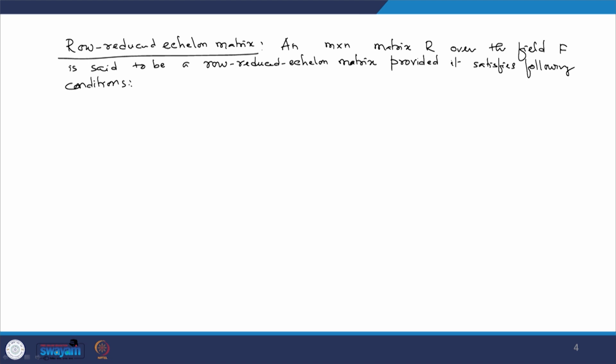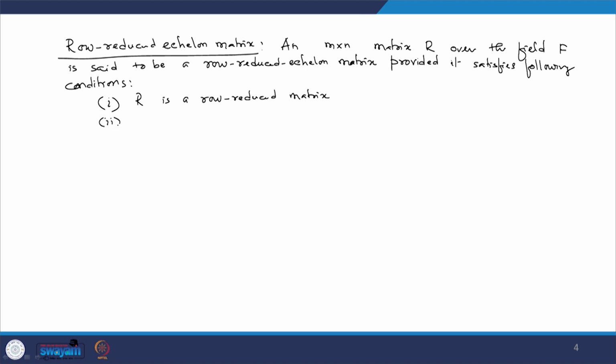What are the conditions? The first condition: R is a row reduced matrix, which means it has to satisfy the two criteria of a row reduced matrix.